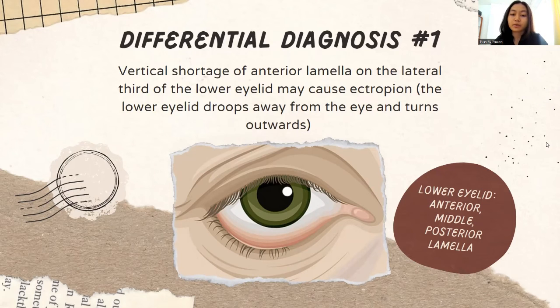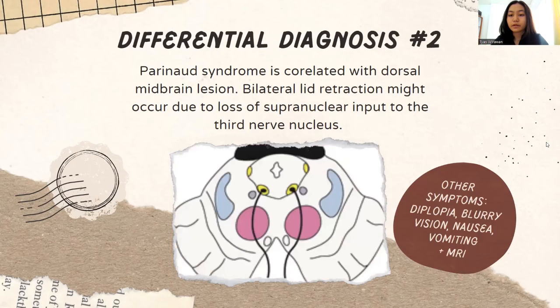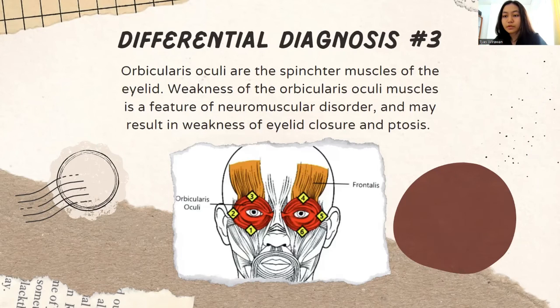Patients with Parinaud syndrome may present with other symptoms such as diplopia, blurred vision, nausea, and vomiting, which can be asked in the interview. The third differential diagnosis is the orbicularis oculi muscle, which is the sphincter muscle of the eyelid. The weakness of the muscle is a feature of neuromuscular disorder and may result in weakness of eyelid closure and ptosis. Thank you.